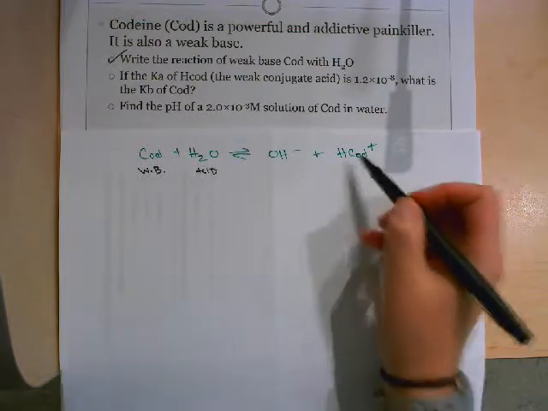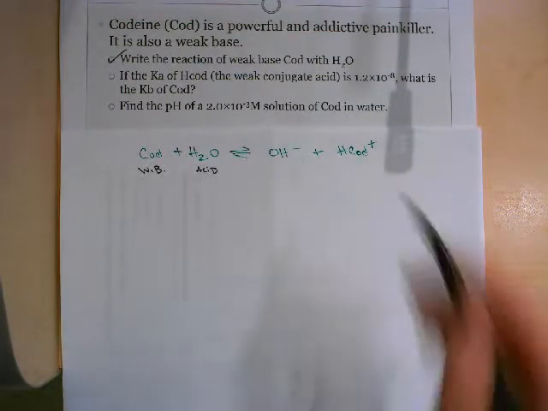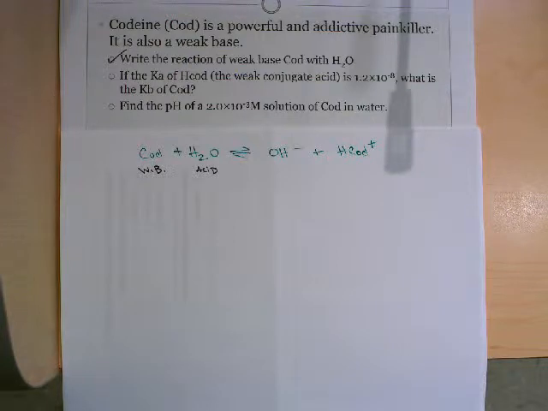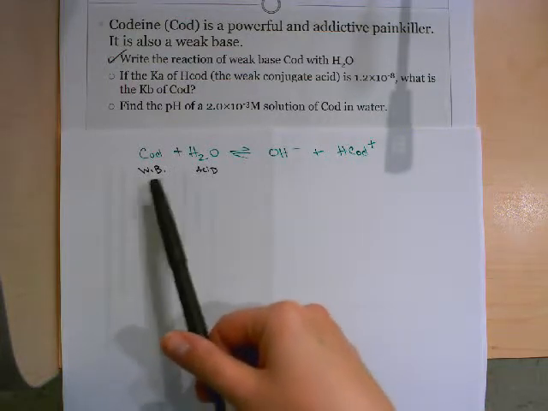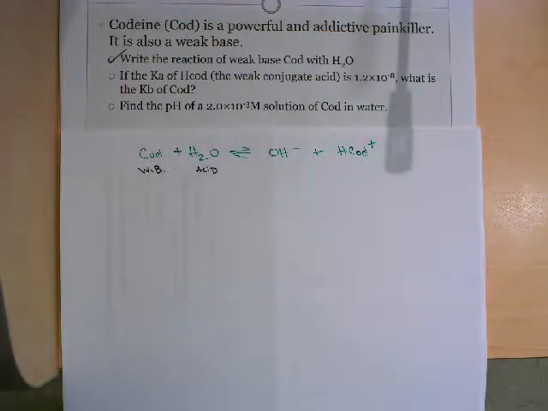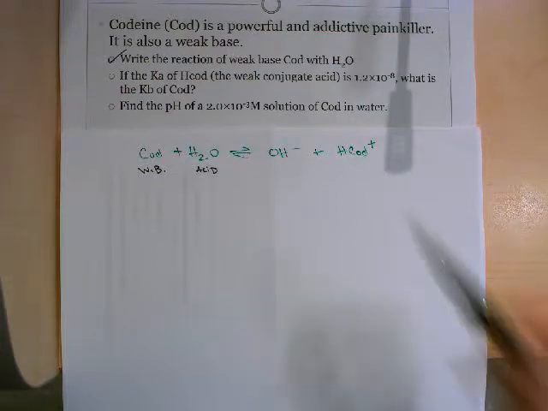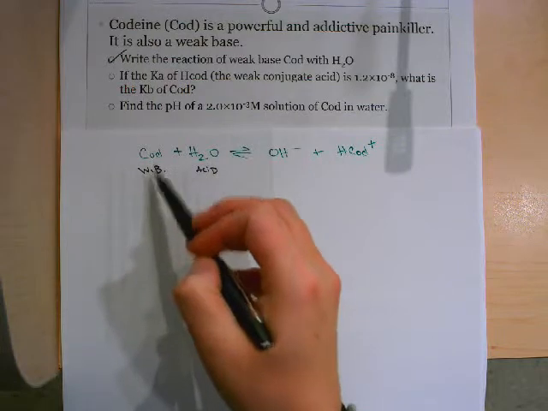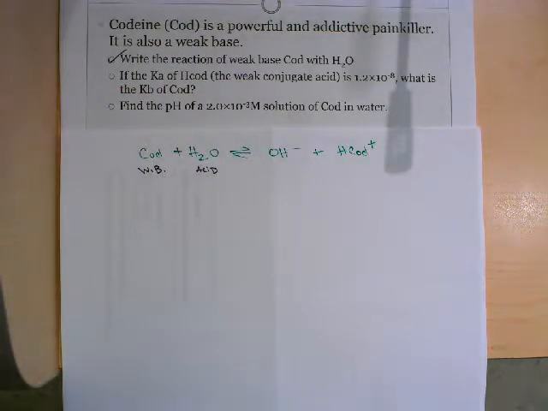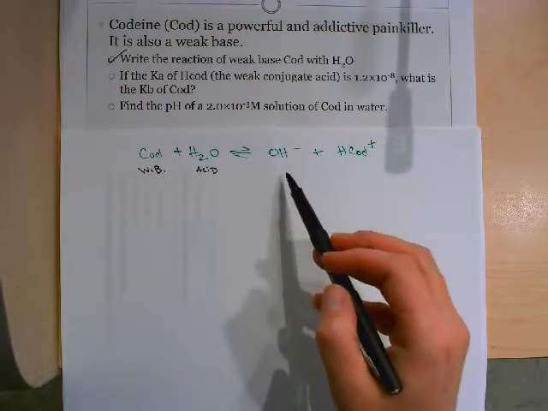Alright, I know the Ka of the protonated codeine. Why can't I use the Ka? What's going in? The base, right? So I have to write it as a Kb. Otherwise, I have to change around the whole thing, because I'm going to give you a solution of this. And so we have to know it as a Kb because base is going in and making base products.